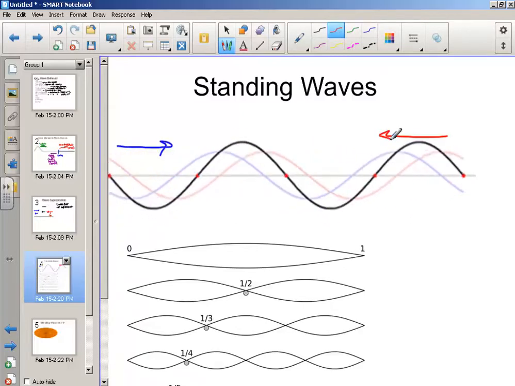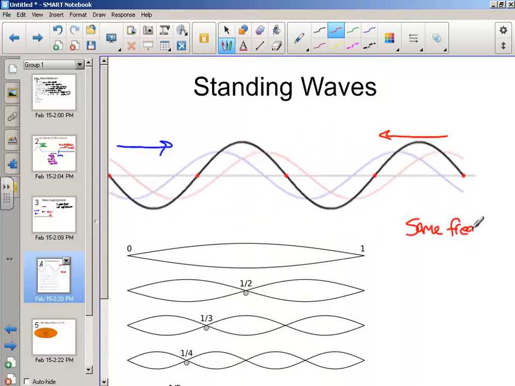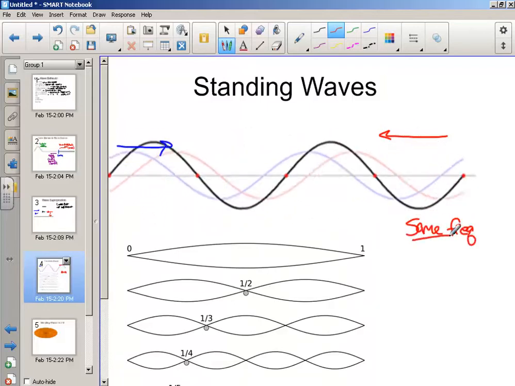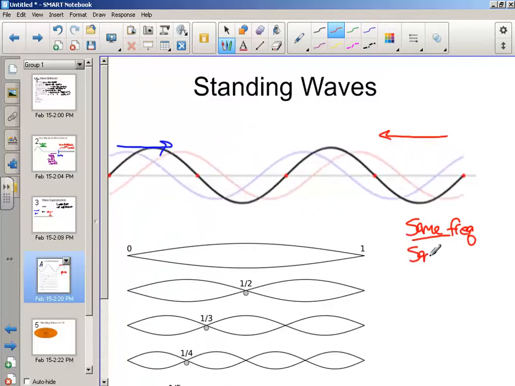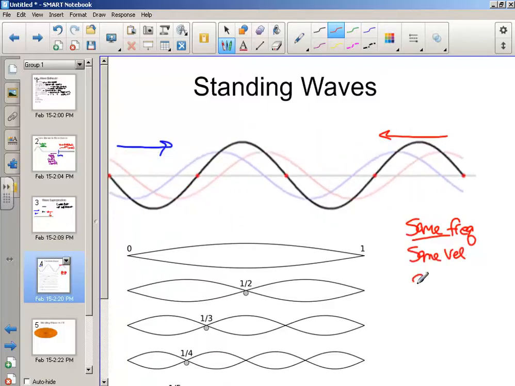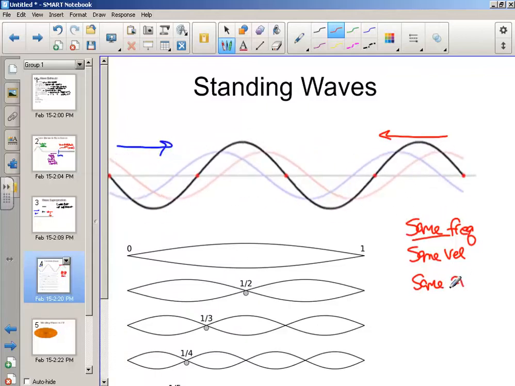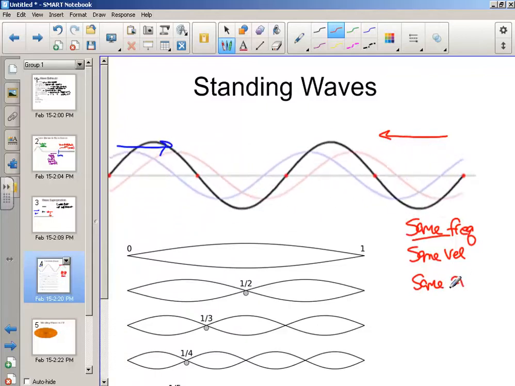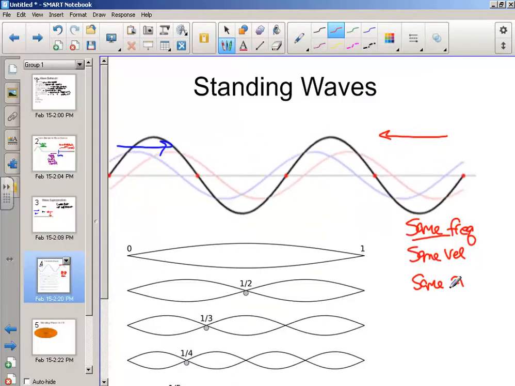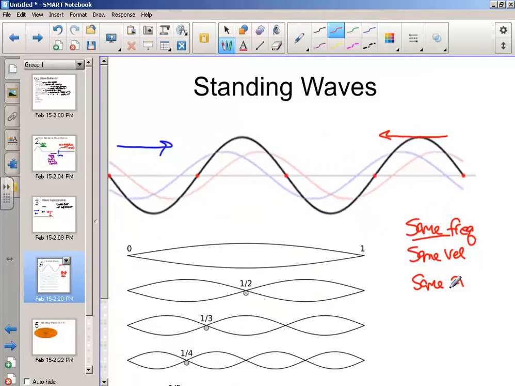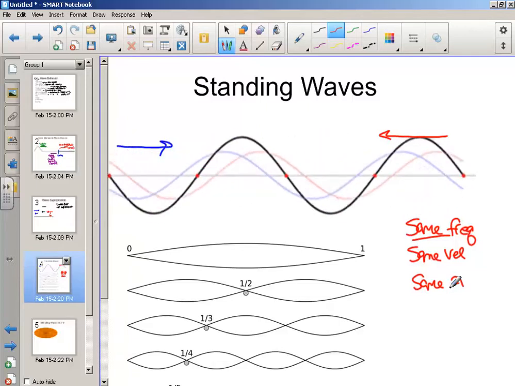If they have the same frequency, which means if they're in the same medium, they'll have the same velocity too, same wavelength, you get what's called a standing wave. It's alternating constructive and destructive interference. So these two waves coming together, you get a string flapping back and forth like this. This is called a standing wave.